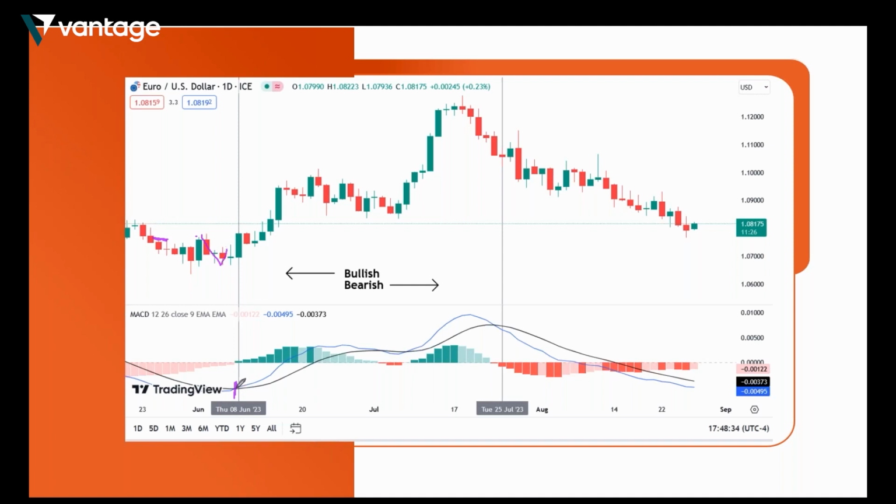So it doesn't necessarily mean that this crossover worked. It could have gone a little bit more sideways, and what we ended up with is another crossover here. So we need to be careful in a situation like that, and we can see that happening here. Actually, we have an example of this. As this market is pulling back, you can see it's bouncing off a support level.